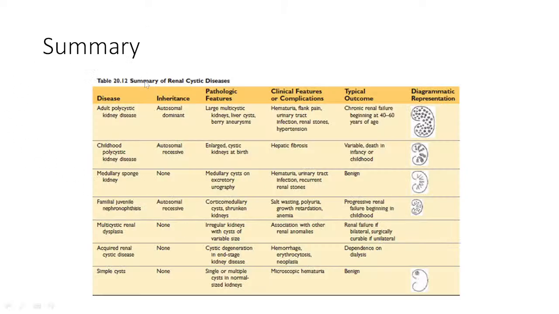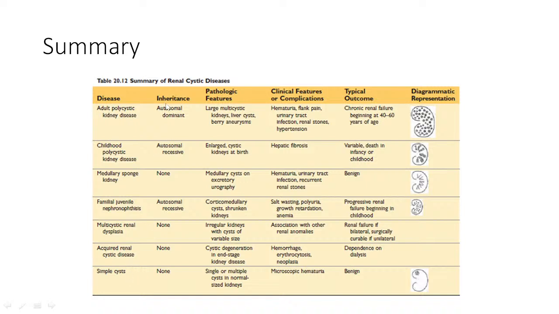So, in summary, this is from your textbook of Robbins, where the renal cystic diseases are mentioned: adult polycystic kidney disease, childhood polycystic kidney disease, medullary sponge kidney, familial juvenile nephrophthisis, multicystic renal dysplasia, acquired renal cyst and the simple cyst.